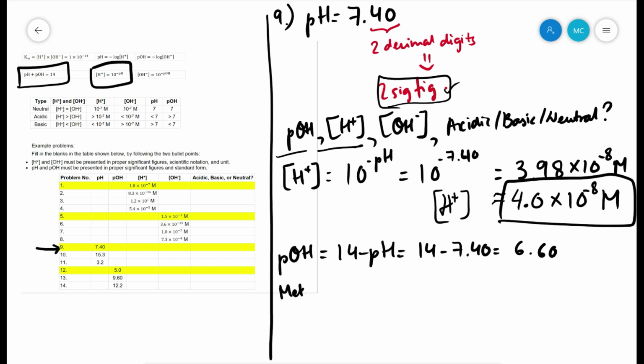So let's do method 1, by solving for the concentration of OH.